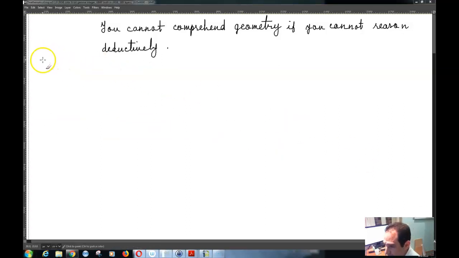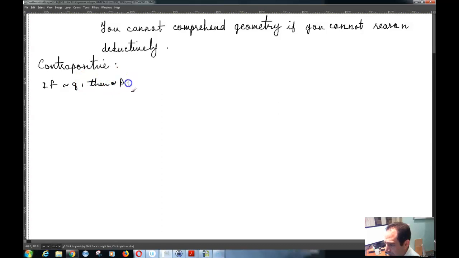So again, the contrapositive is basically if not Q, then not P, right?